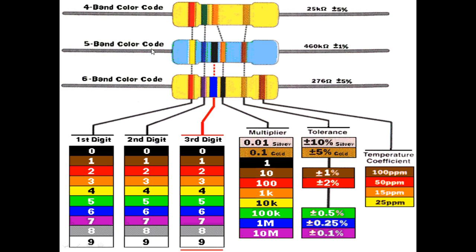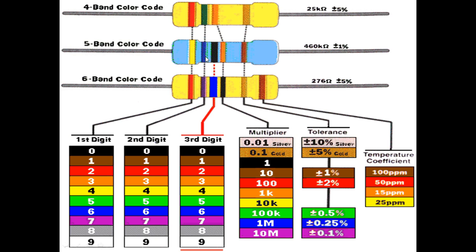In the five-band color code, the first three bands are the digits. The first band's value is the first digit; its value is 4.